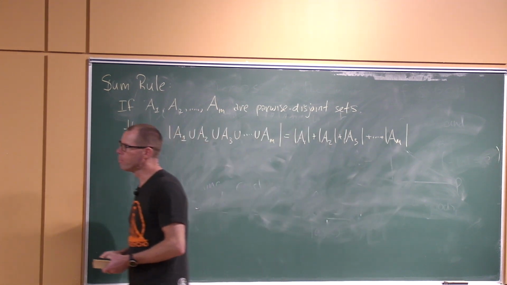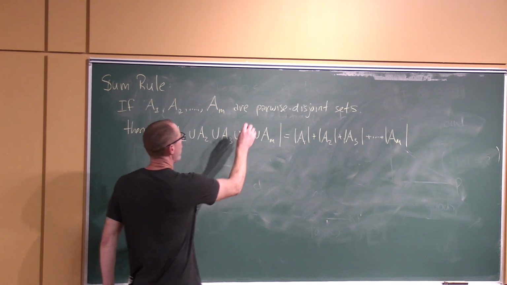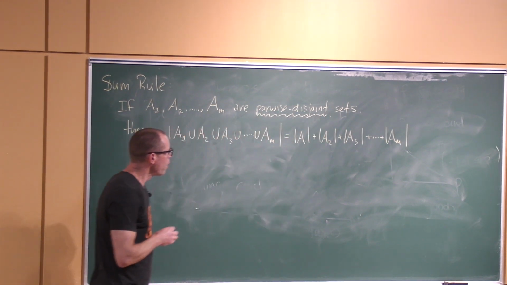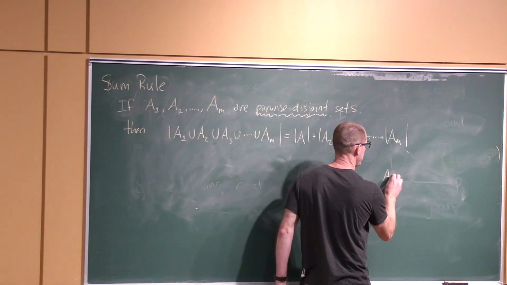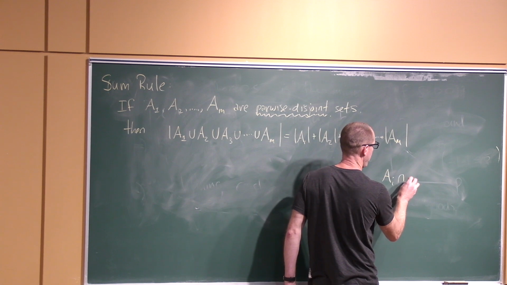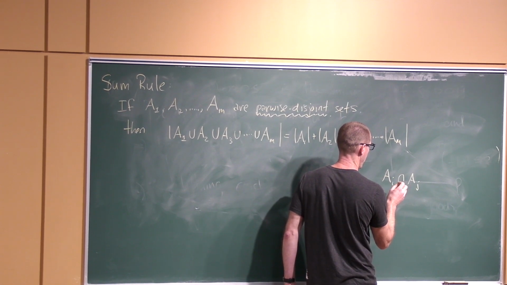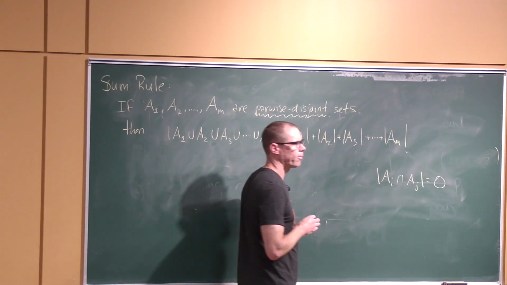So there's a very important condition here, and that requires that these things be pairwise disjoint. Pairwise disjoint means if I take any two of them, let's say AI and AJ, where I is not equal to J, then their intersection is empty.